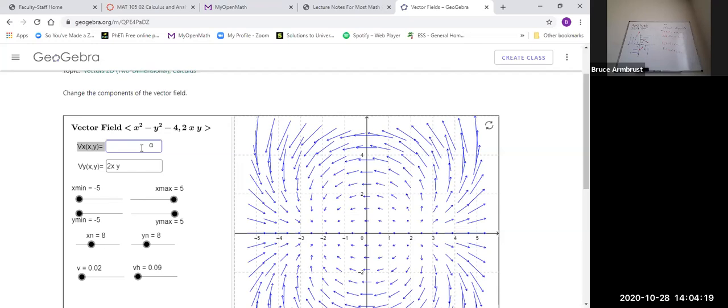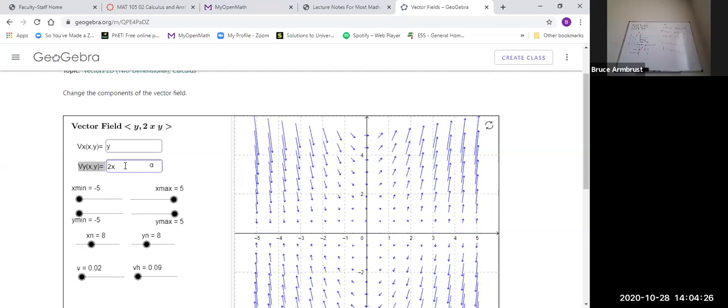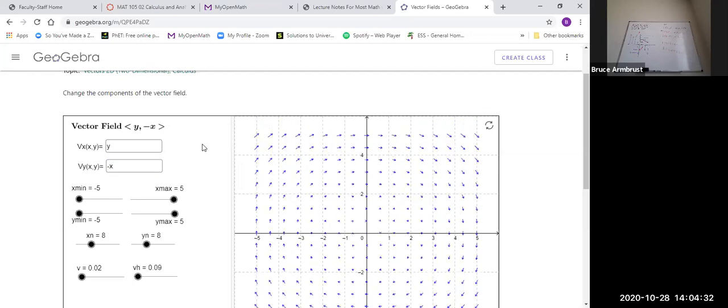So our vector was y for the x component, and then negative x for the y component. And if you look at this, you can see the rotationness of this vector field. Also notice that the arrows are getting longer as we get further away, which is definitely what we saw as well.